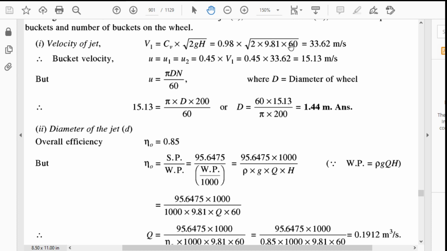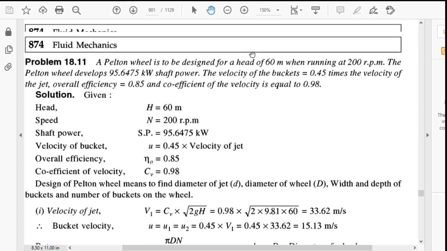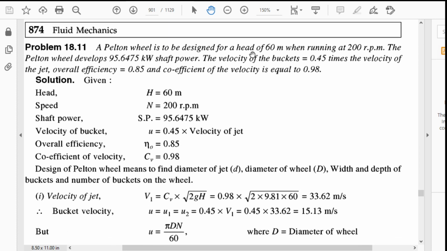Substitute it, you will get the velocity of jet v1 as 33.62 meters per second. Now the velocity of bucket is 0.45 times the velocity of jet.